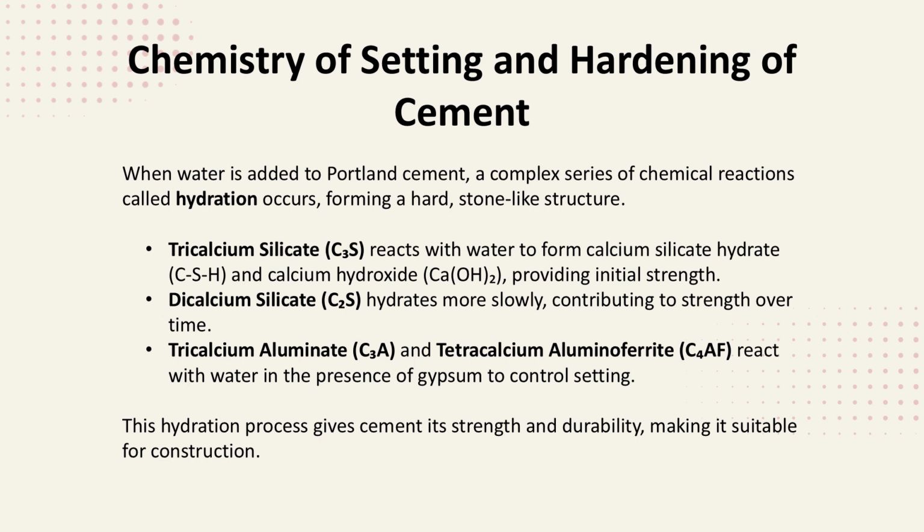Dicalcium silicate hydrates more slowly, contributing to strength over time. Tricalcium aluminate and tetracalcium aluminoferrite react with water in the presence of gypsum, controlling the setting behavior. These reactions collectively give cement its characteristic strength and durability.